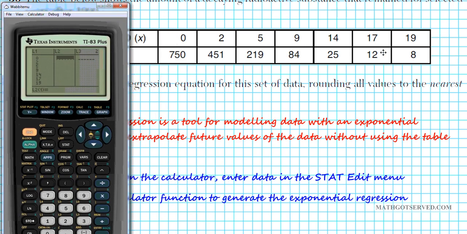So we're just going to enter these numbers in the second column. Okay, we have 750, enter, 451, enter, 219, enter, 84, enter, 25, enter, 12, enter, 8, enter. Perfect. So we have everything entered now.